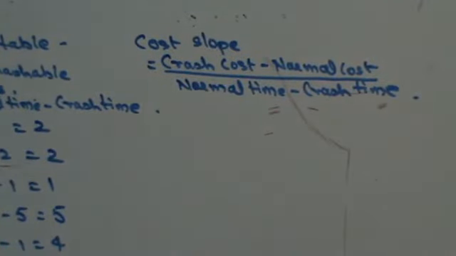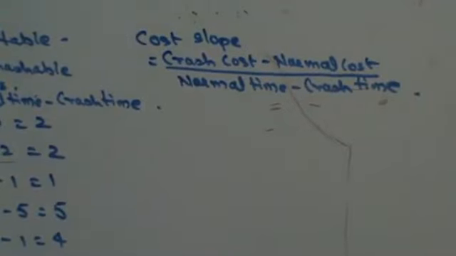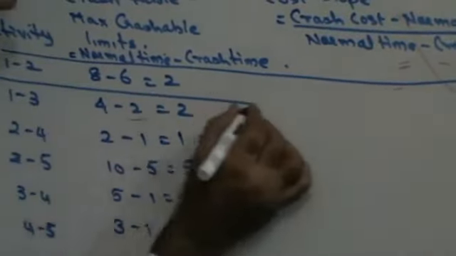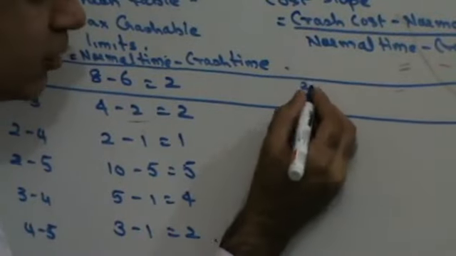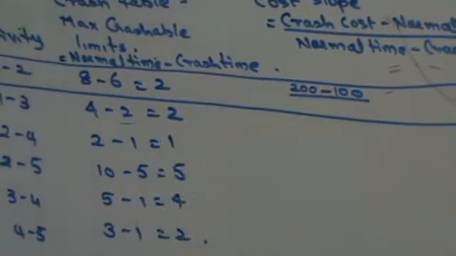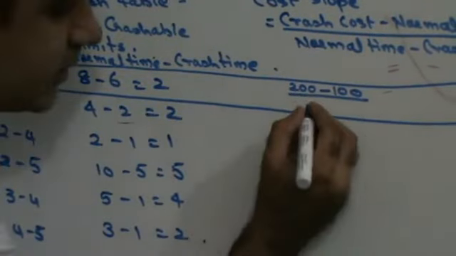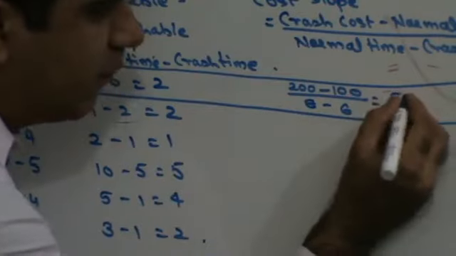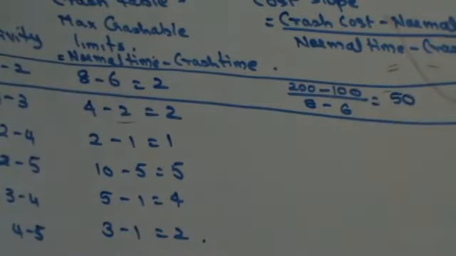Now, in the first case, crash cost minus normal cost, that is 200 minus 100. For activity 1 to 2, this is going to be 200 minus 100 upon 8 minus 6. That's 100 upon 2, that will be 50 rupees.